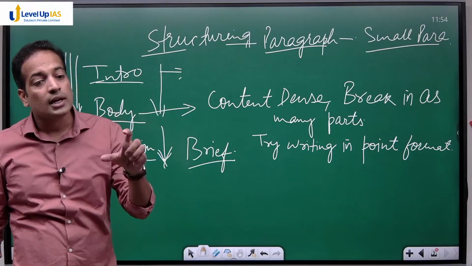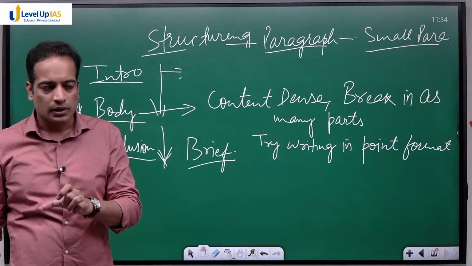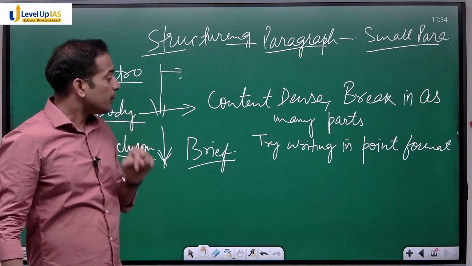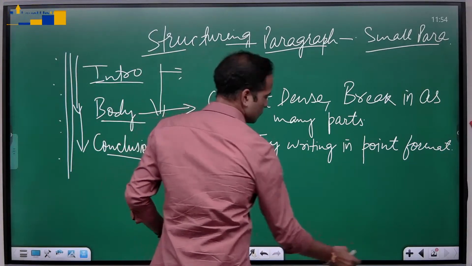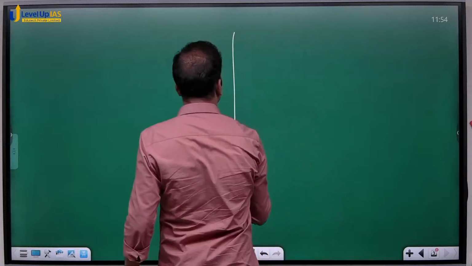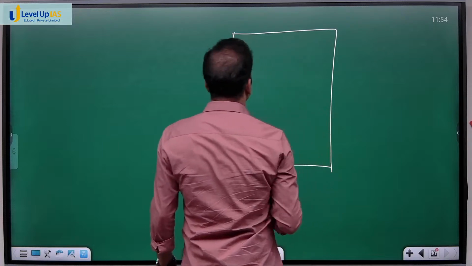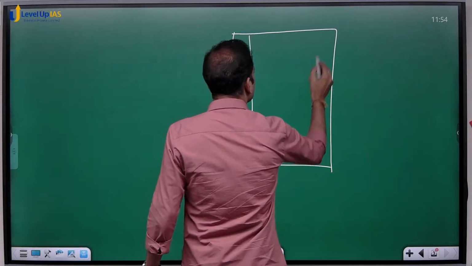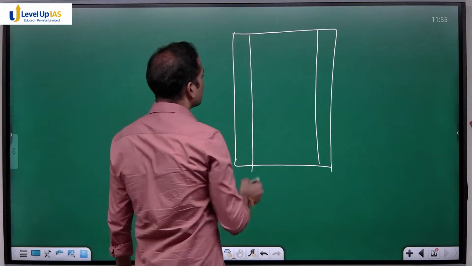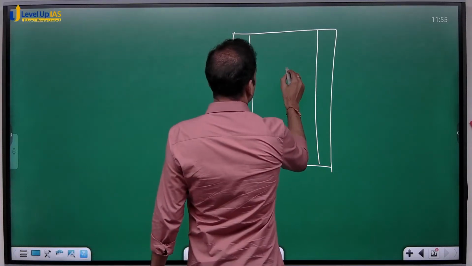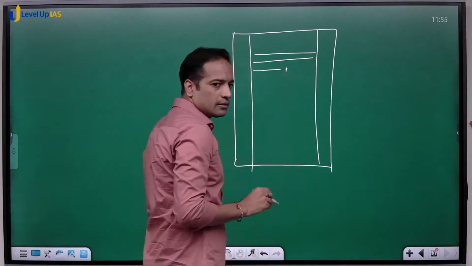Make small paragraphs and change paragraphs frequently. ठीक है. और ये प्रेजेंटेशन का है कि suppose this is your answer sheet, okay, and you are writing the previous paragraph and it has ended here.